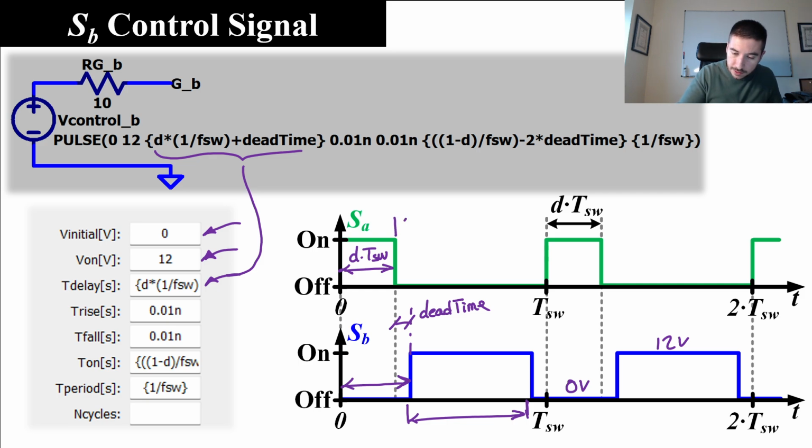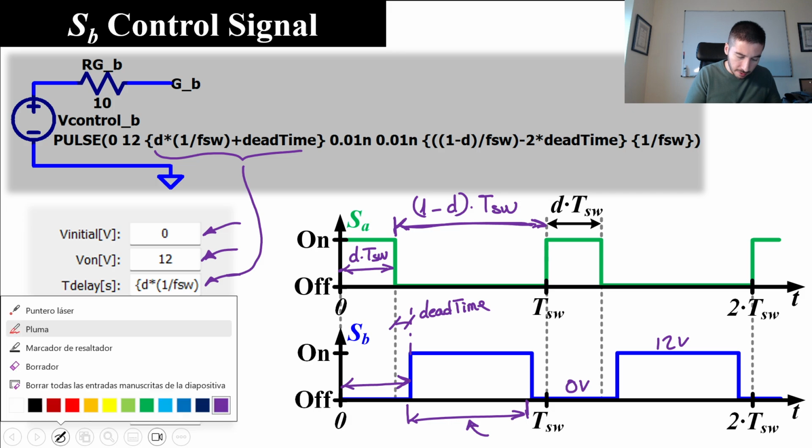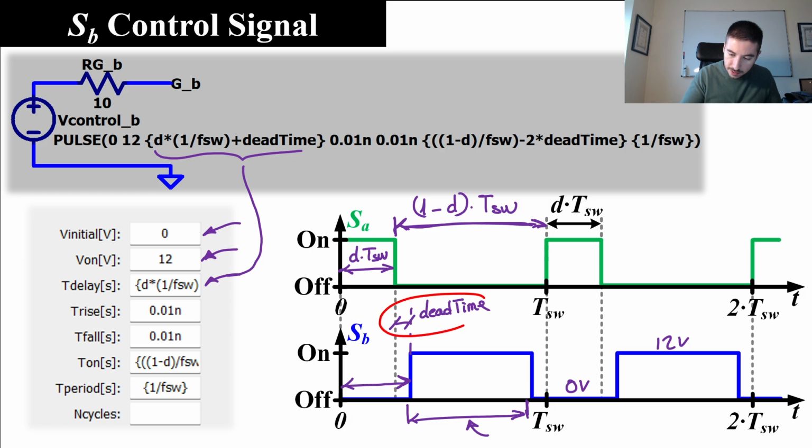We know that this time interval is 1 minus d times the switching period, but that interval is different from this one, because in the bottom time interval we have to include this dead time and this dead time.